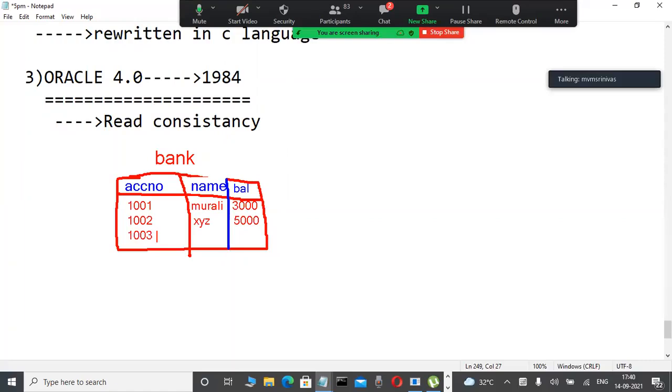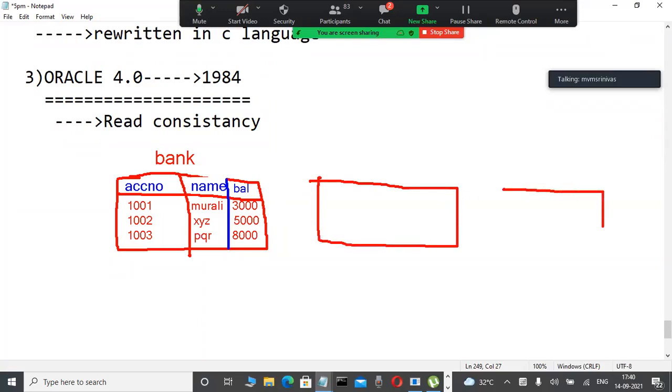Again 1003, PQR, 8,000 rupees. Slowly observe here. Concentrate here. This is a table. Now check it out.